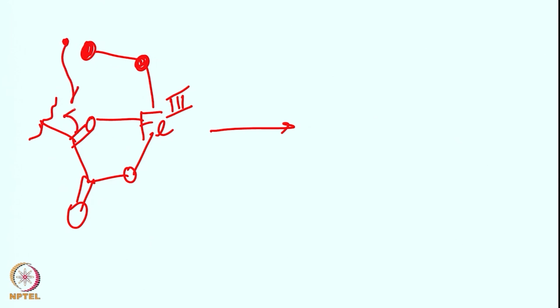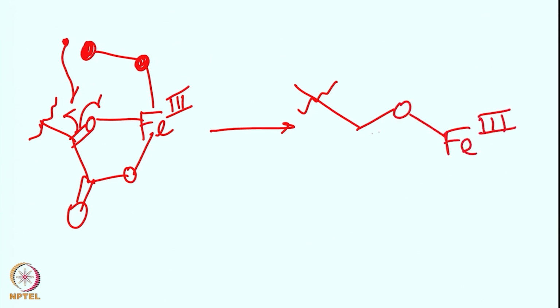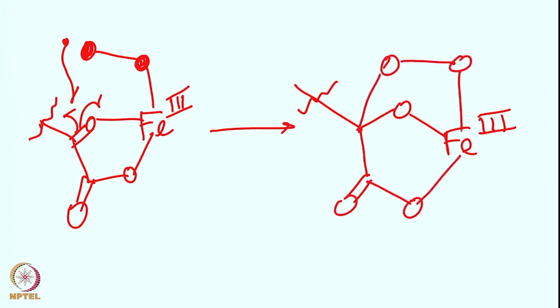So, this pi bond will cleave to give you this oxygen iron 3, the remaining part remains constant, right. So, that is what you see, right. So, this is what you see along with the O dot over there.